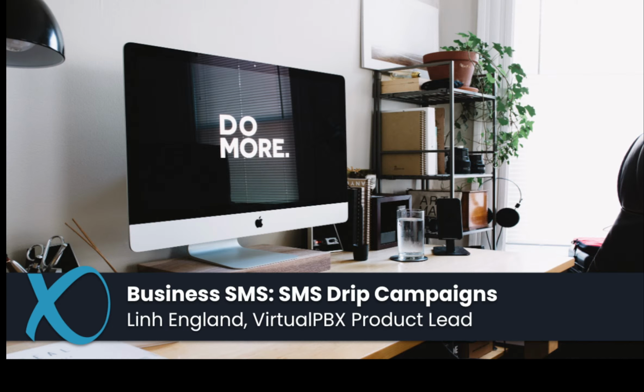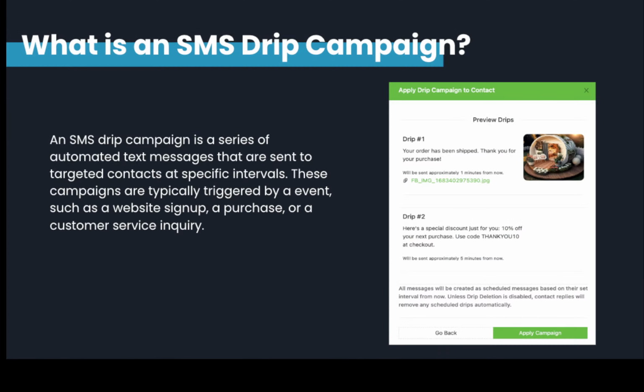So what is an SMS drip campaign? It is a series of automated text messages that are sent to targeted contacts at specific intervals. These campaigns are typically triggered by an event, such as a sign up, a purchase, or even a customer service inquiry. Now, the goal of these SMS drip campaigns is to nurture, whether it's a lead or an existing customer, through some sort of funnel, usually a sales-based funnel.